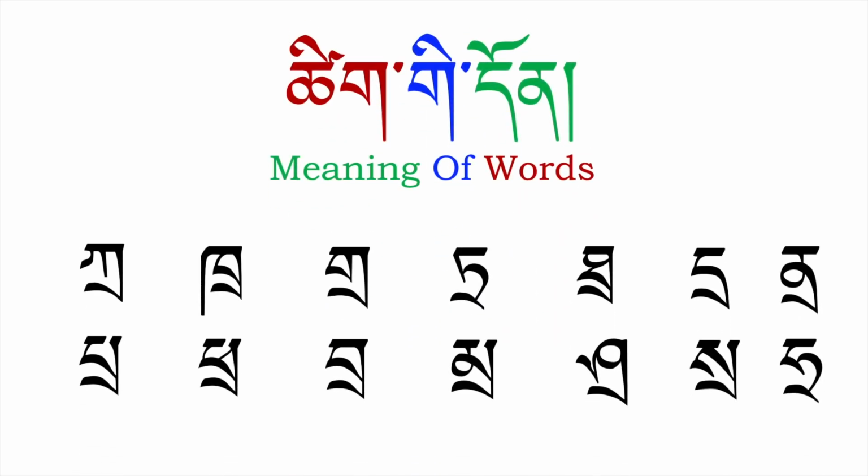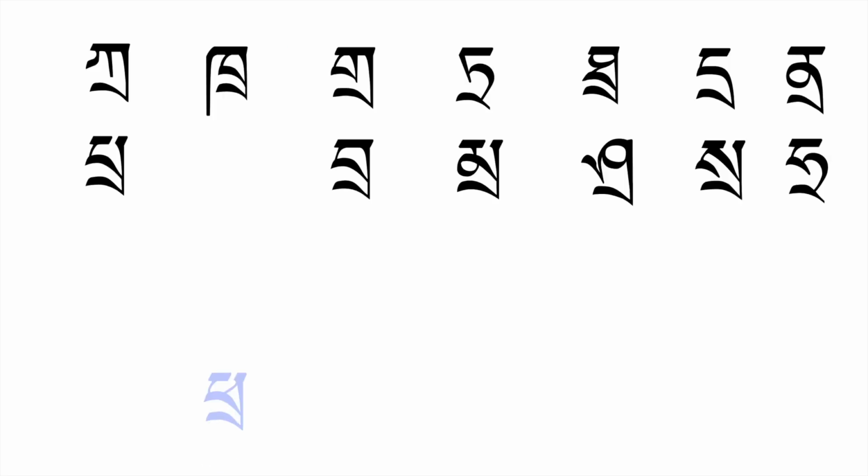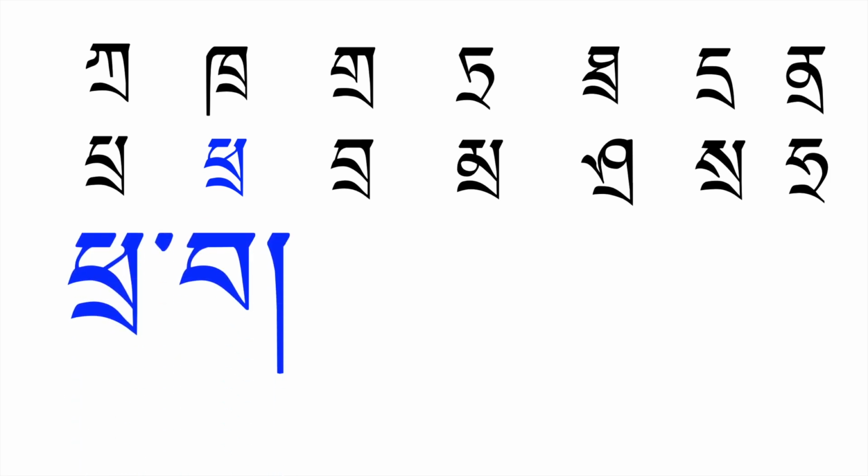Next is the meaning. Since we have learned the 14 rata, only one rata has a meaning right now, which is pa rata ta, wa, tawa.